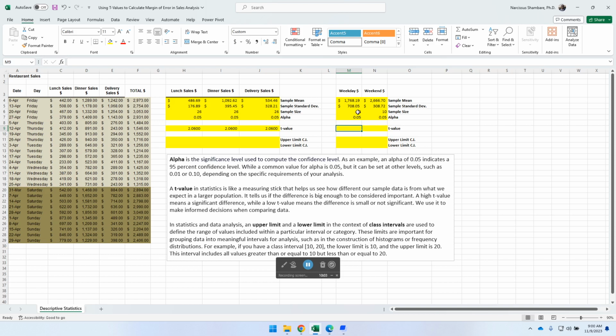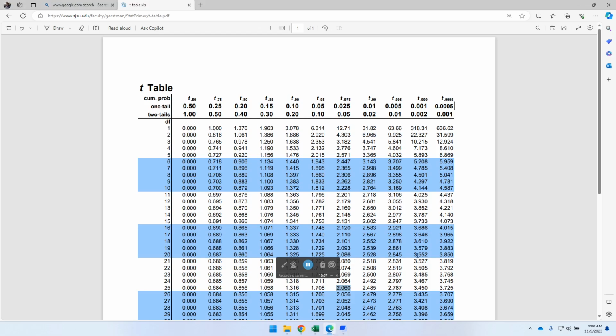So in this particular case now, we have a sample size of 16. If you go back to the table, a sample size of 16 means that the degree of freedom is actually going to be 15, because 16 minus 1. So 15, and then we have 0.025.